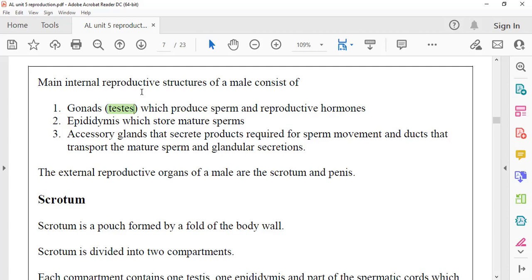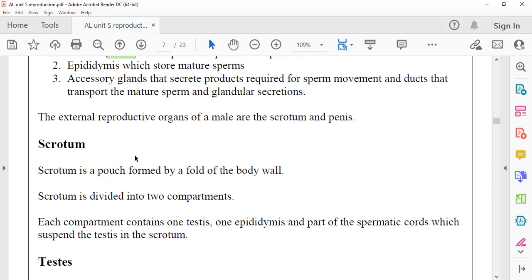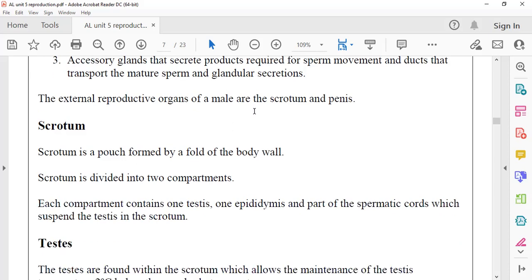If you take the male reproductive system, the main component is the testis. From outside, you can observe two components only. One is the scrotum. The other is the penis.